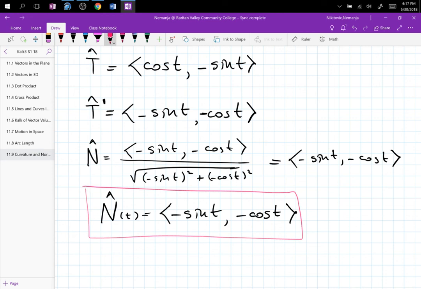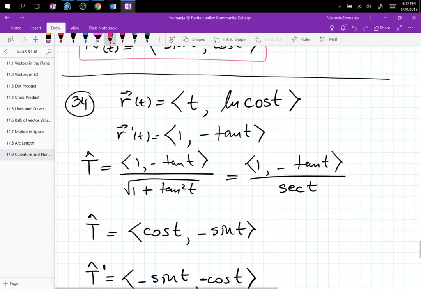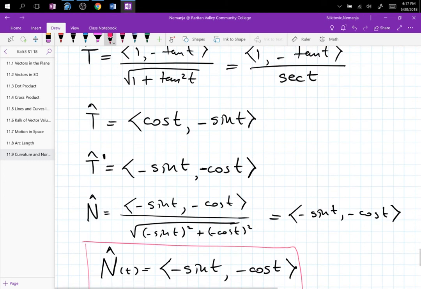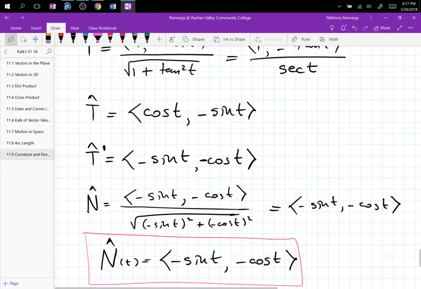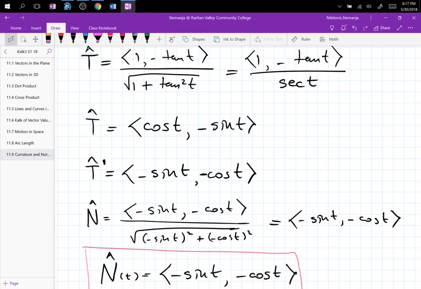Beautiful, huh? It starts with ln of cosine t, you know, few lines, gone. It's a little bit of Calc 1.